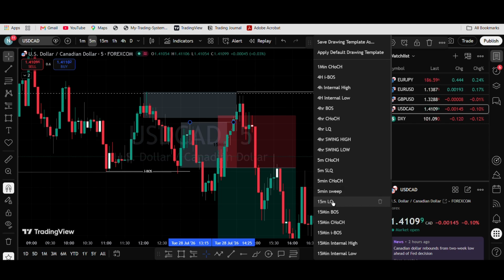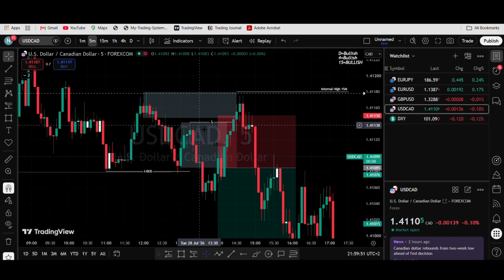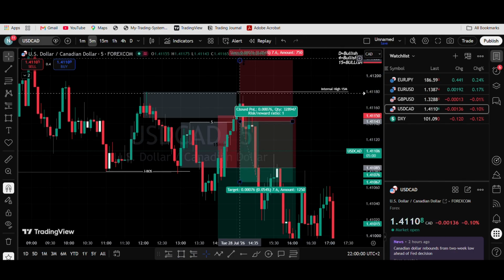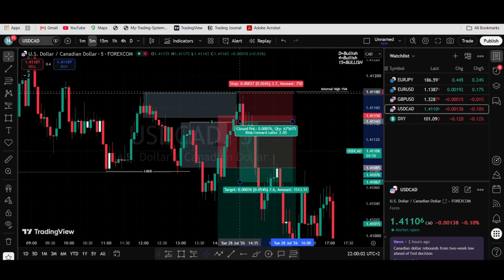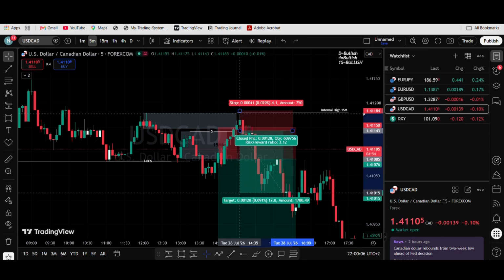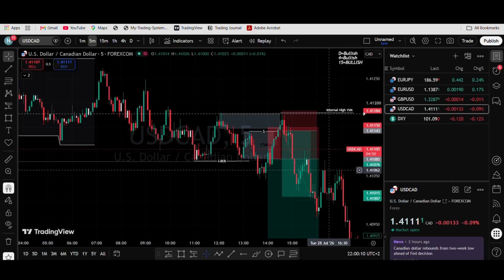Would I have been conscious enough to then notice, yes, this is a valid liquidity sweep, and then take this trade over here, which would have ended up being a winner? Would I have been able to spot this is my question. 3.3. Would I have been able to spot that? That's kind of tough to say, honestly.